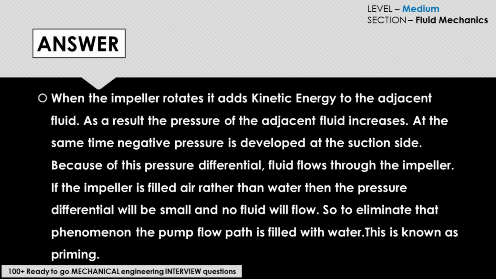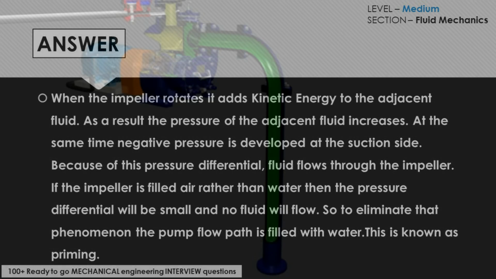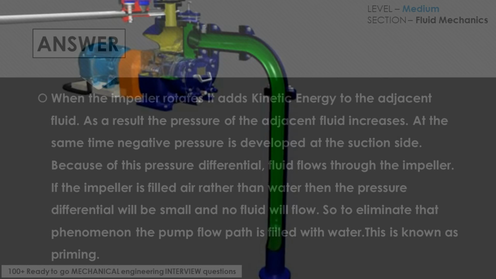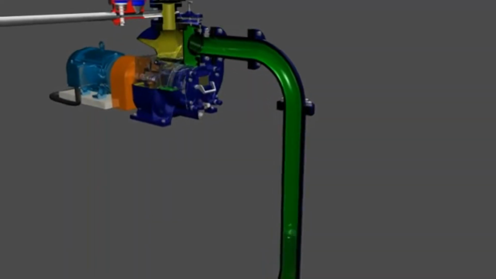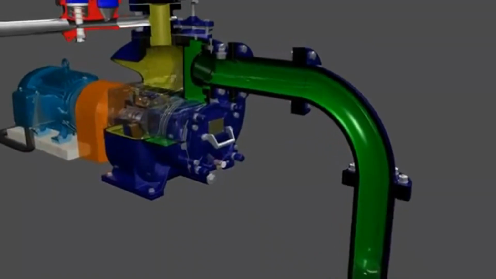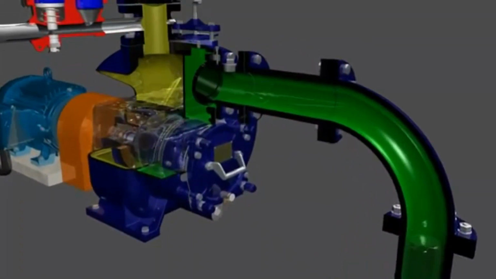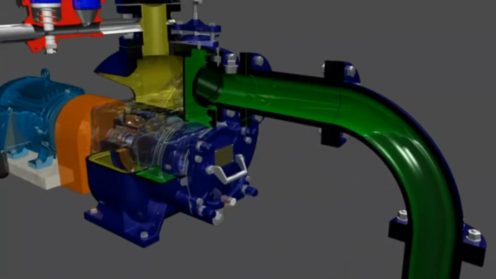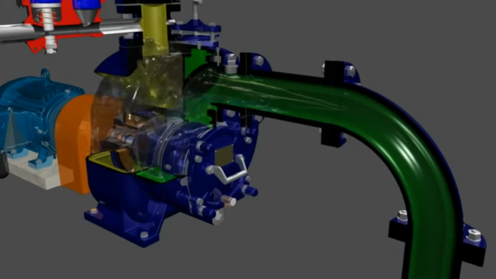The answer to this question would be, when the impeller rotates, it adds kinetic energy to the adjacent fluid. As a result, the pressure of the adjacent fluid increases. At the same time, negative pressure is developed at the suction side. Because of this pressure differential, fluid flows through the impeller.